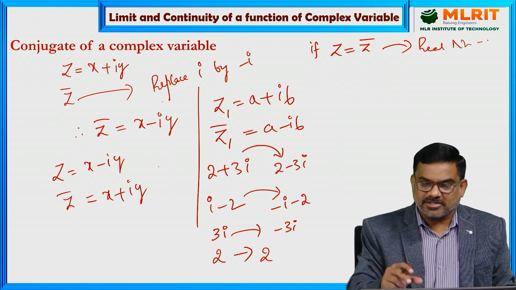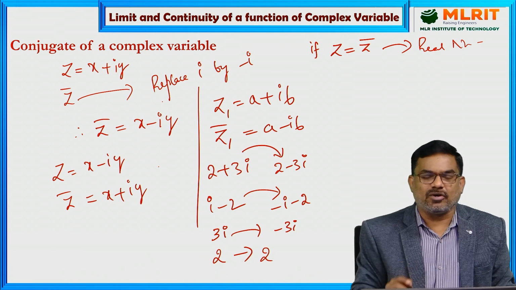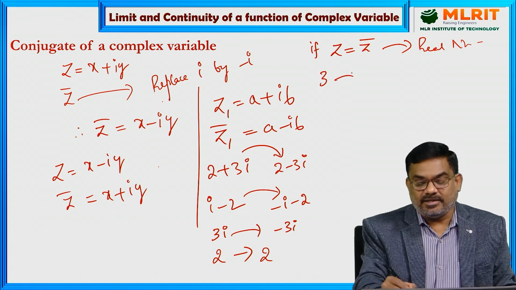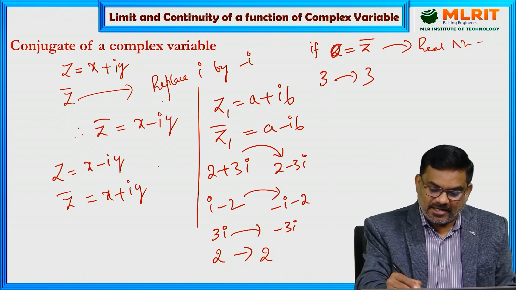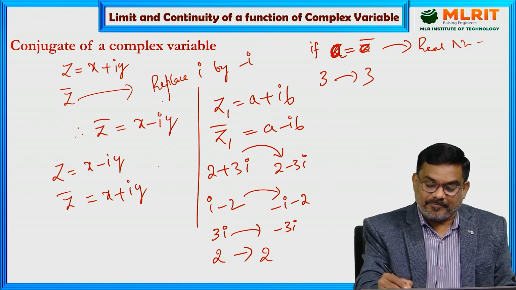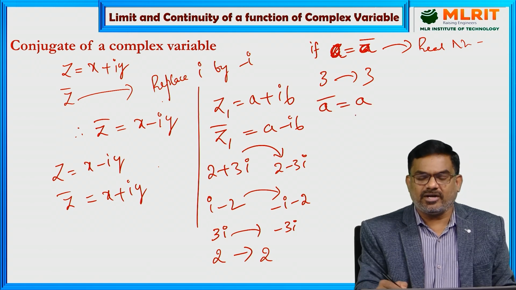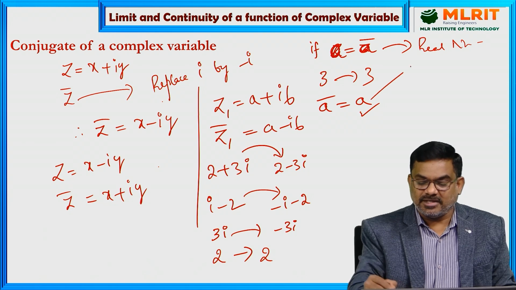If it is a complex number, i will be replaced by minus i in its conjugate. So, for example, the conjugate of 3 is again 3. So, simply we can say, a bar equal to a, the conjugate of a number and the number both are the same. That means it is a real number.